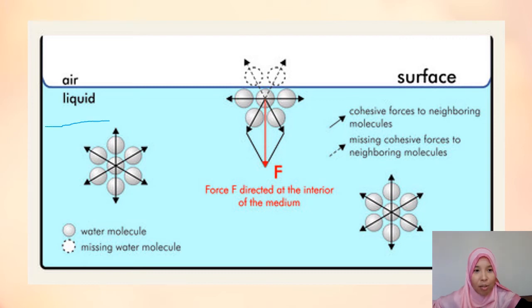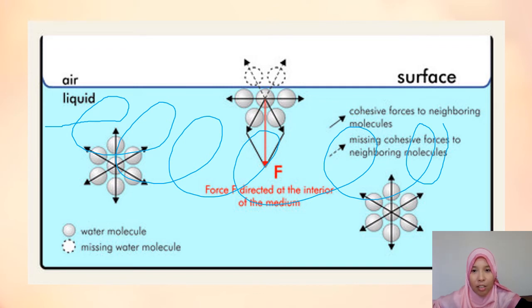If you have a lot of water molecules inside here, and then there's no more water molecules outside here, right? Because of that, there is a surface tension here because of the force pulling downwards.